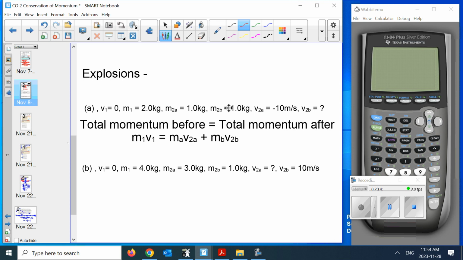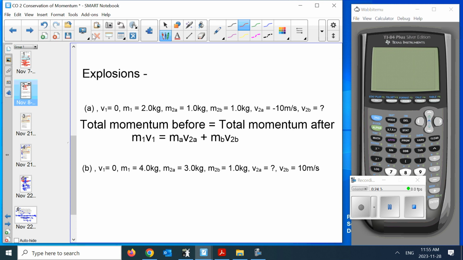There's a force that pushes them apart. The together mass M1 is 2. When they separate, it breaks into 2 equal pieces, 1 kilogram, 1 kilogram. The one is going -10, the other one is going, I don't know. Okay, let's figure this one out.